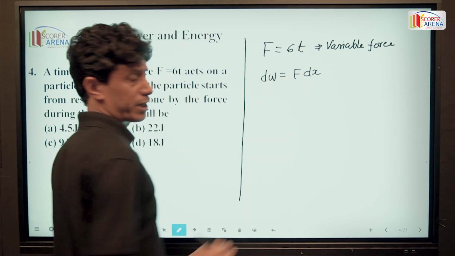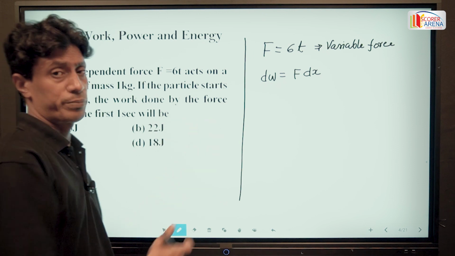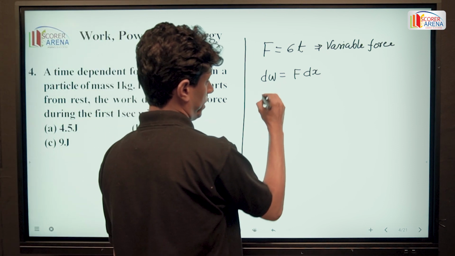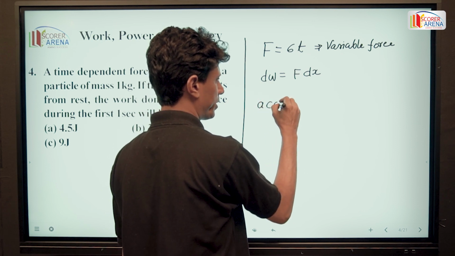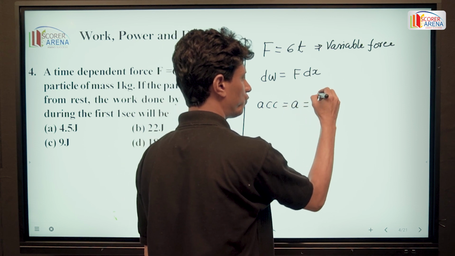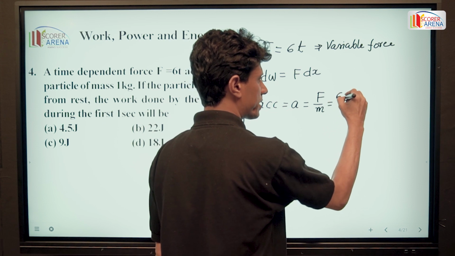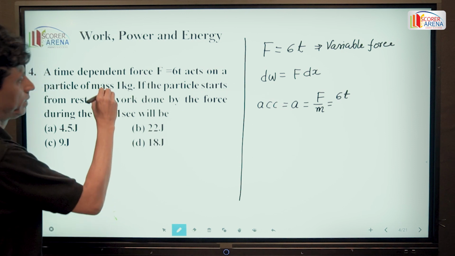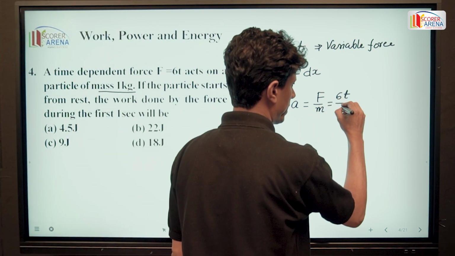So work done is a function of displacement, whereas the force given in the problem is a function of time. Therefore, from this force we can find acceleration. Acceleration a is equal to F by m. This is 6t and the mass of the particle in the problem is 1 kg. So this is 6t by 1.